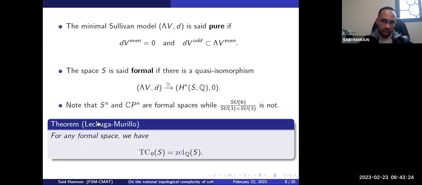For the rational topological complexity of formal spaces, which is relatively simple, Lechuga and Murillo proved that for any formal space, the rational topological complexity coincides with the zero divisor cup length of the topological space.